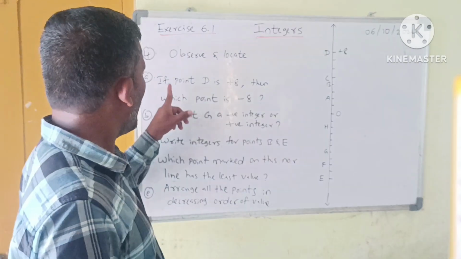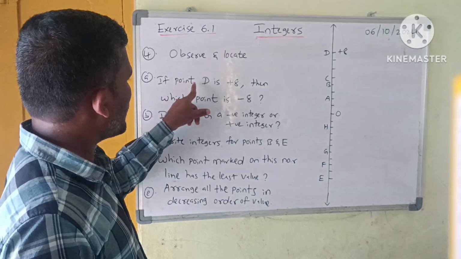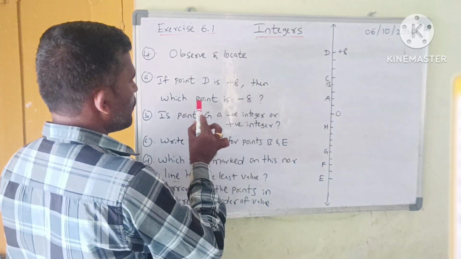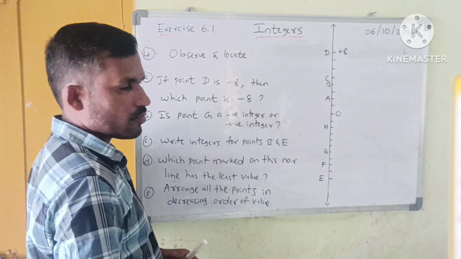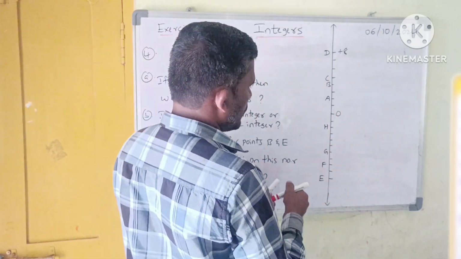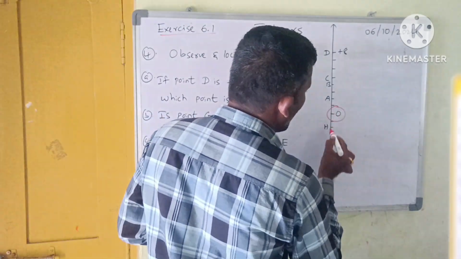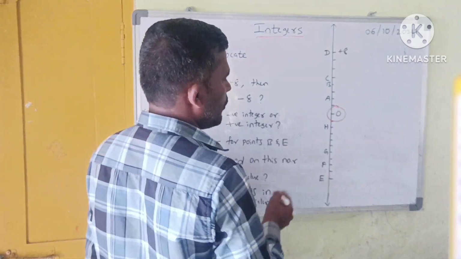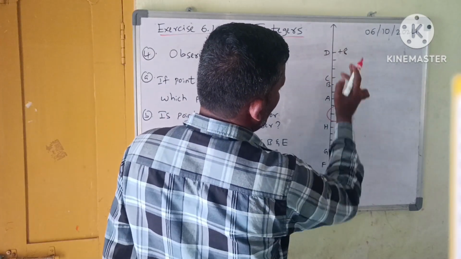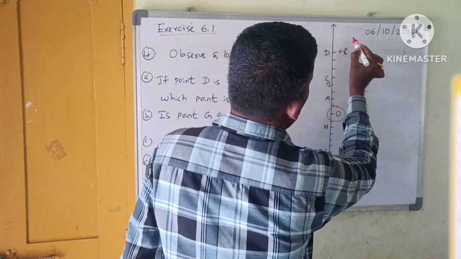First one: if point D is positive 8, then which point is minus 8? First observe the vertical line here. This is the origin 0, and above the 0 all are positive.